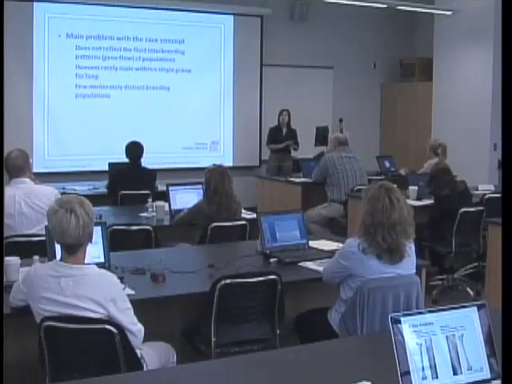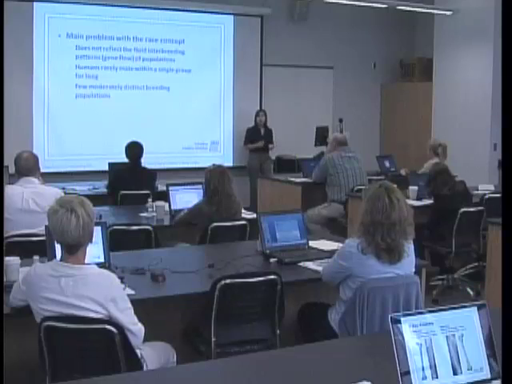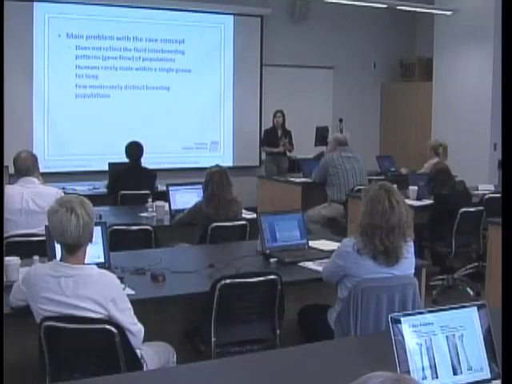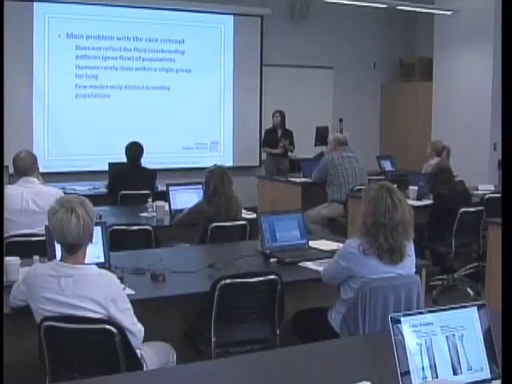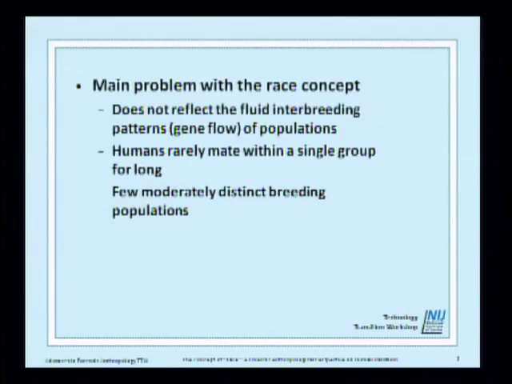The main problem with the race concept is that it does not reflect the fluidity of interbreeding. What we look at are the mean or average differences among groups, but you always have people along the border lines who share traits with other groups. It also does not address gene flow. And also humans do not belong to a single group for a long period of time.